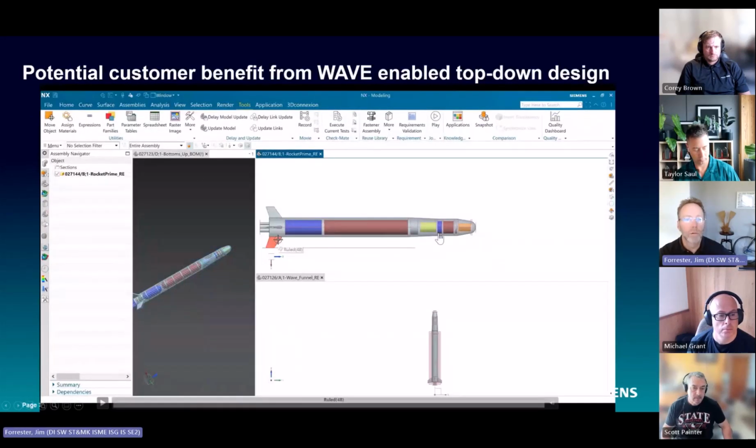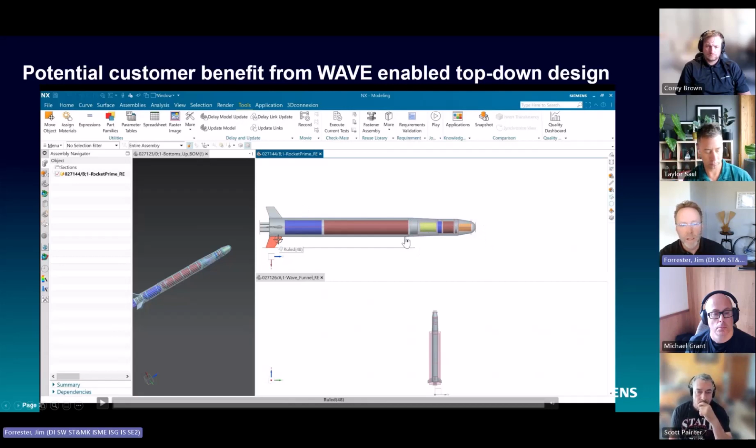Summary. So, given all that, I've got a demo of what an intern did for me last summer. He did this to a rocket. He used this conceptual design level single part file as his primary geometry.